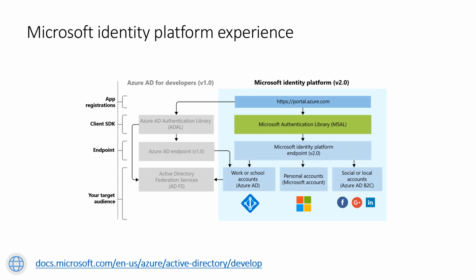As I mentioned, Microsoft Identity Platform is an evolution from Azure Active Directory for developers. And there are some main differences between version 1 and version 2. First of all, in Azure Active Directory for developers, we use the Azure Active Directory Authentication Library, so ADAL, to implement authentication in our applications like mobile apps.